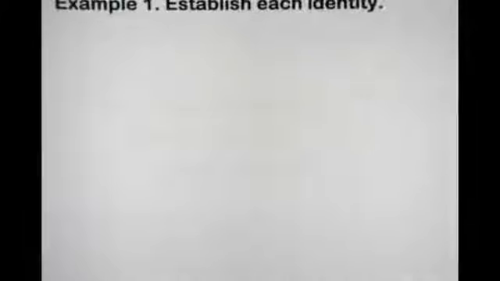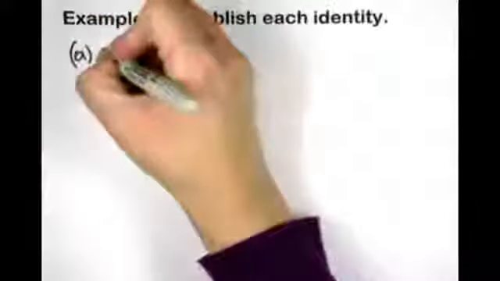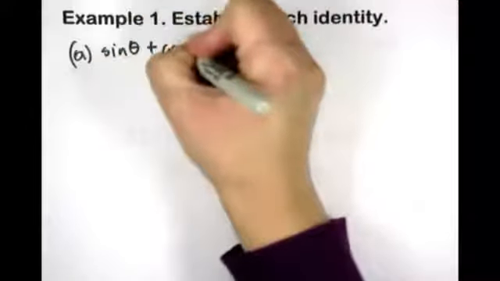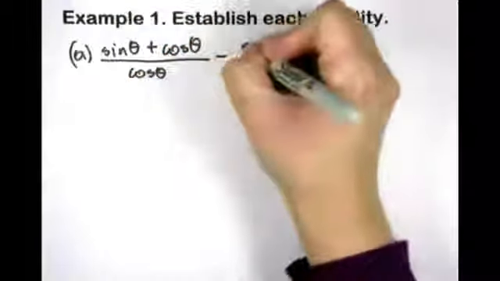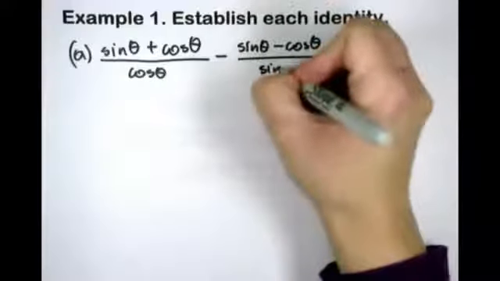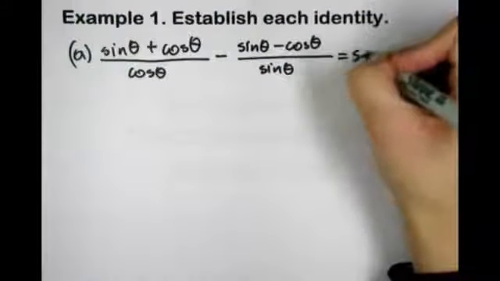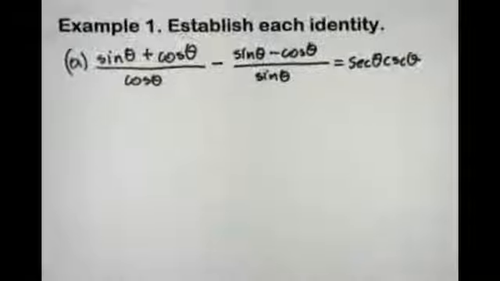Example 1, establish each identity, and we have A: sine theta plus cos theta over cos theta minus sine theta minus cos theta over sine theta is equal to secant theta cosecant theta. We would like to prove this identity.